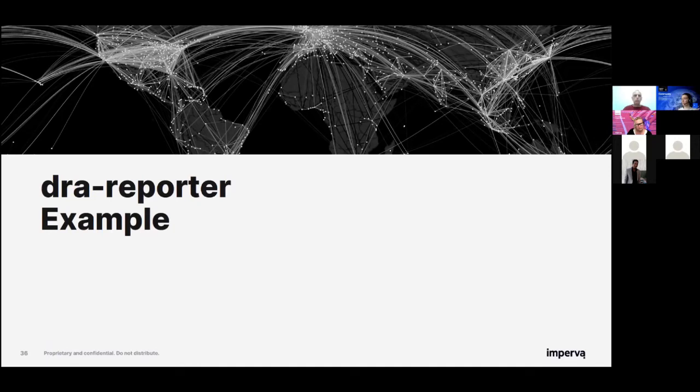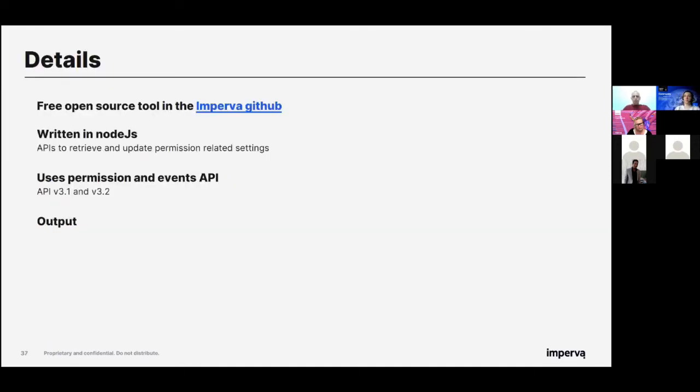a very simple tool. I would like to let you know as well that we have an Imperva GitHub. That is a repository of open source code. You can find code not only for our on-prem solutions, but for our cloud. And it's a really cool place to take the information. You can use it as a reference.